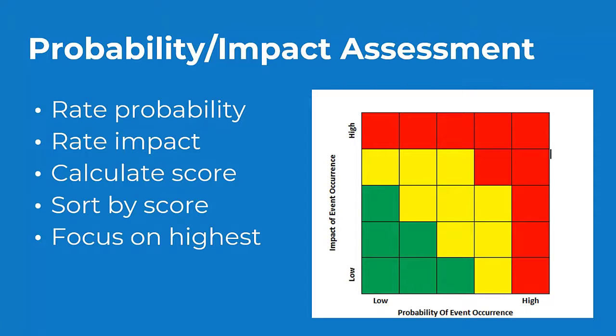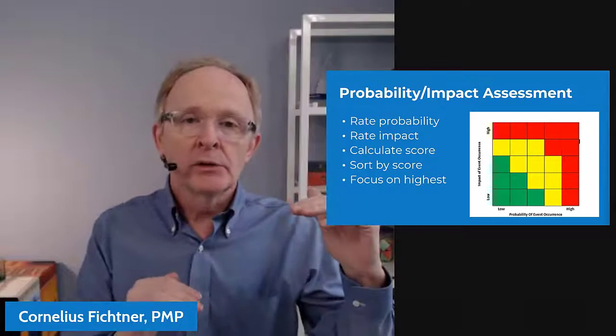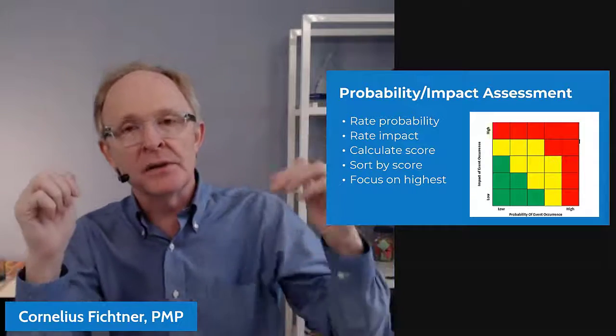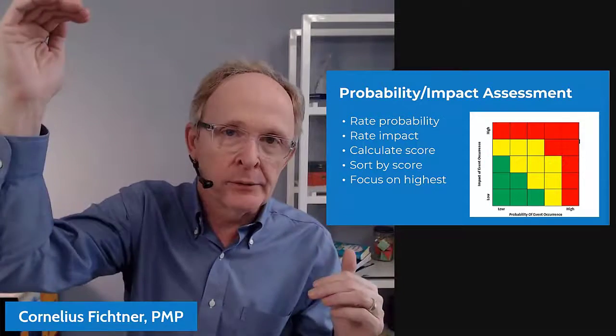And this is a suggestion, again, that comes from Harry here. He says, one powerful priority setting method for risk analysis is the probability and impact assessment matrix. And here's how to use it. First, you want to rate the probability of the risks that you have identified. And most often this is done on a scale from 1 to 5, right? Is the risk a low risk 1? Is it a high risk?